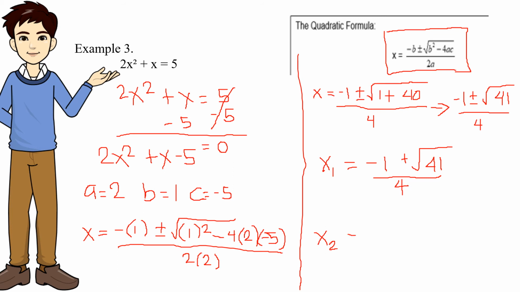So we have negative 1 minus square root of 41 all over 4. So this serves as the value of our x sub 1 and x sub 2 given our example number 4. So mat galing.